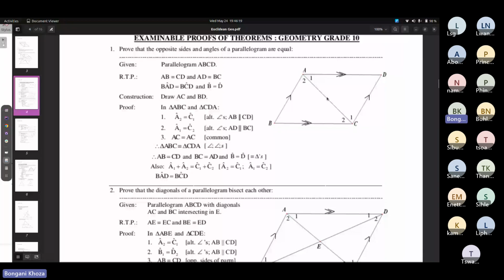So therefore, you can conclude that BAD, which is this whole angle, is the same as BCD, which is this whole angle. So you have proved that this is a parallelogram, and you have proved that the opposite sides and opposite angles are equal.